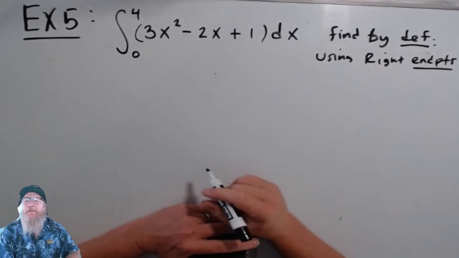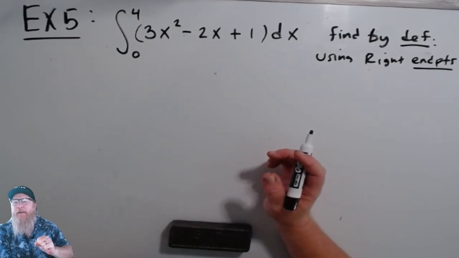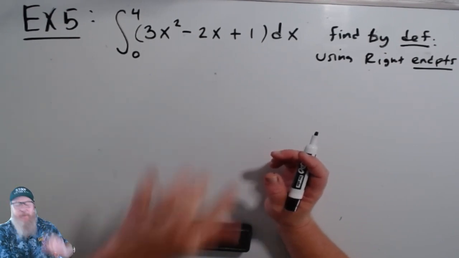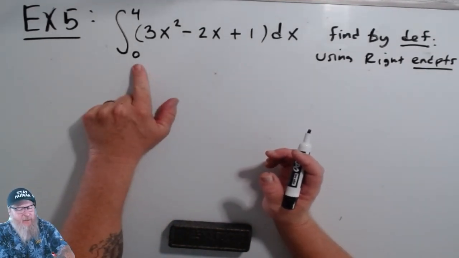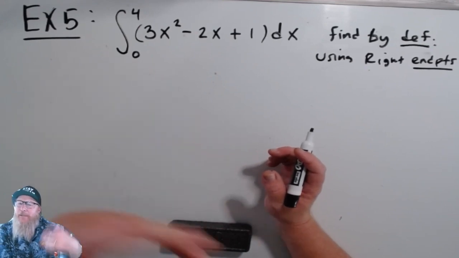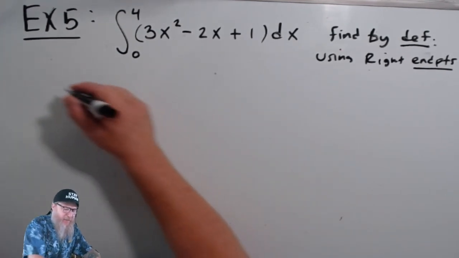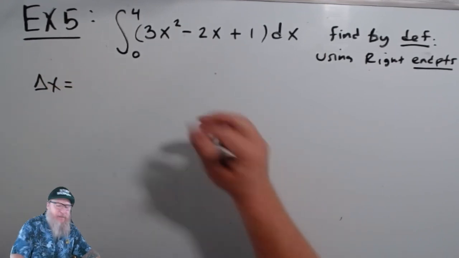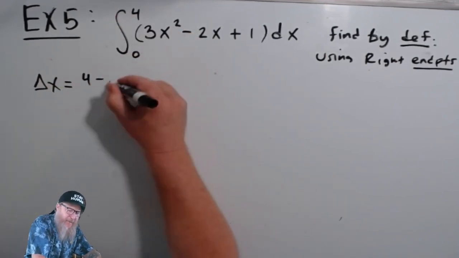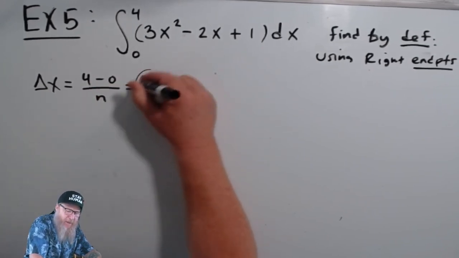All right, so we've already seen the techniques necessary to do this. Even though it's a larger expression, because the lower limit of integration, the a, is 0, you'll see that the calculation is a little bit cleaner. Let's find our ingredients. We start with our delta x, which is b minus a over n, so it should just be 4 over n.